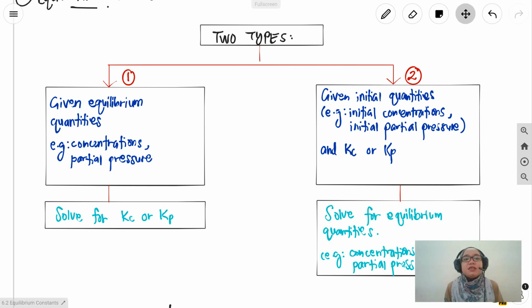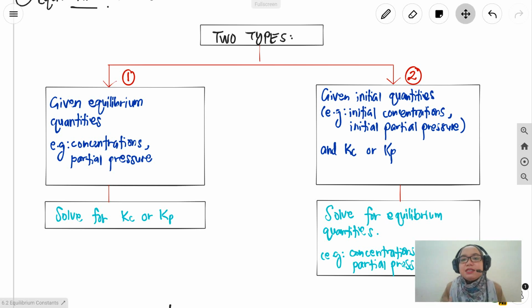For example, just like what we did in 6.2 part 1, the previous video, where the question gives you the equilibrium quantities and asks you to find the value of Kc and Kp. So that one is a simple question, straight to the point.